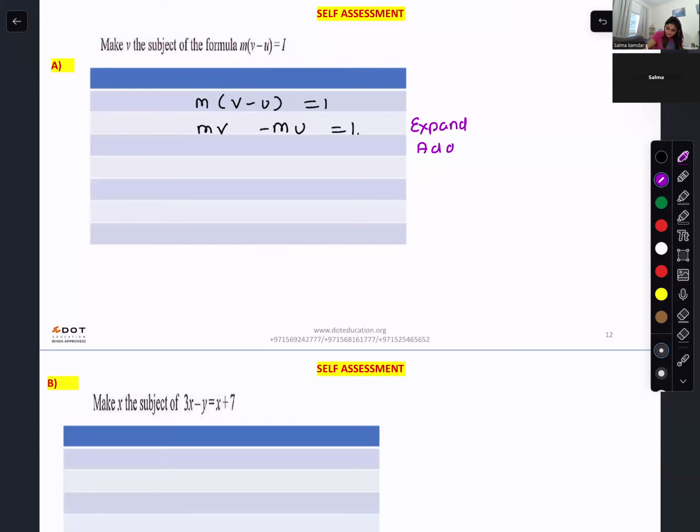Then I can add MU on both the sides. So this will become MV is equal to 1 plus MU. Then what can I do? I can divide both the sides by V. So M will be 1 plus MU by V. Sorry, I have to divide by M. I want to make V the subject. So by M.